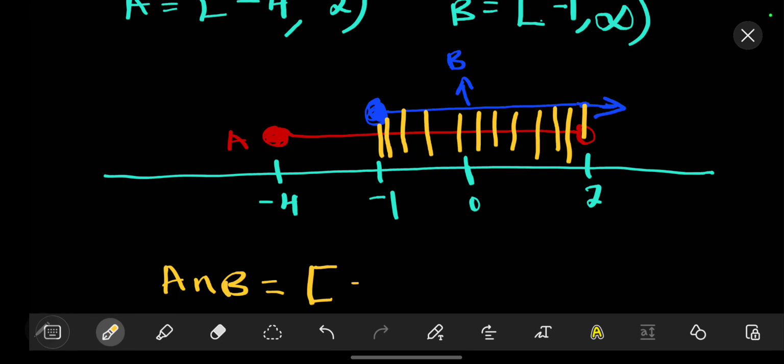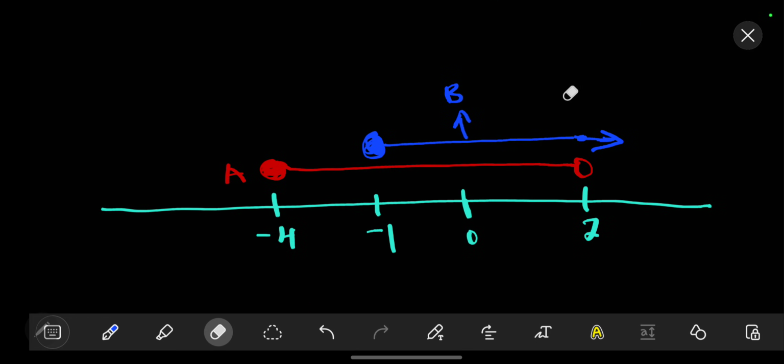So it will be -1, comma, +2, like that. Now 2 should not be included since in A it is not there. Therefore, it cannot be in the intersection. Intersection means both. So this is our answer for A intersection B, like that.